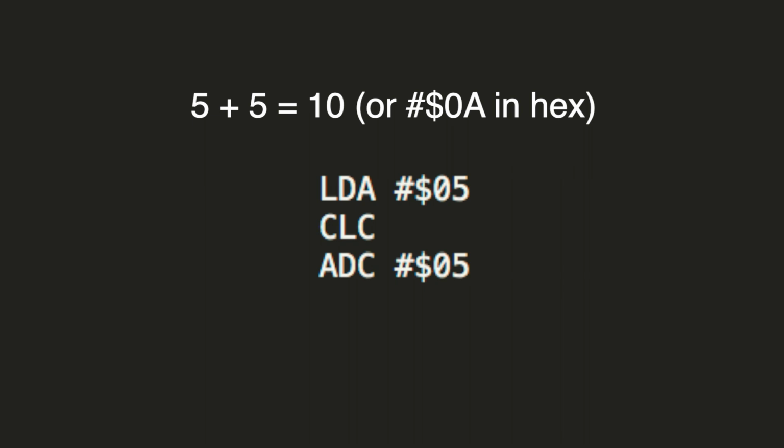Carry, which was referenced before in the clear carry operation, is actually one of 6 register flags that are stored in the P, or processor status register. These flags have a value of 0 or 1, indicating that they're set or not. In the case of carry, this is used frequently when doing mathematical operations.